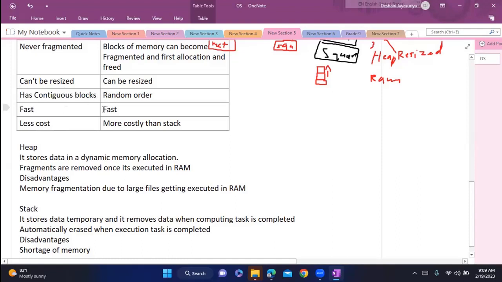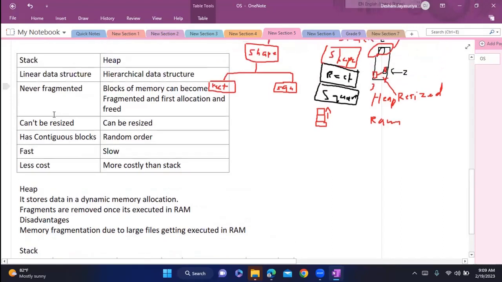Yes, this is fast, this is slow. Because when it comes to stack, fragmentation doesn't happen, so this is faster. But there are some disadvantages as well.